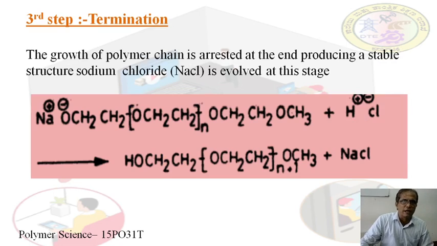Now the third step is the termination step. In this, growth of the polymer chain is arrested. At the end, a stable structure is going to form, and the formation of hydrochloric acid and sodium chloride will be there, that you could see over here.